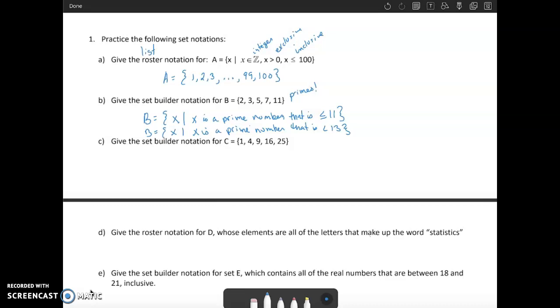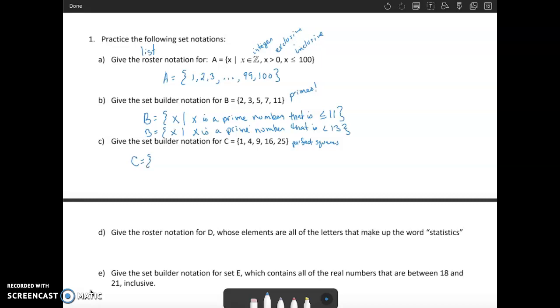Okay, so give the set builder notation for the set C, whose elements are 1, 4, 9, 16, and 25. So what stands out to me about these is that those are all perfect squares. So I might write that to myself. And then, okay, how am I going to then write that in the set builder notation?